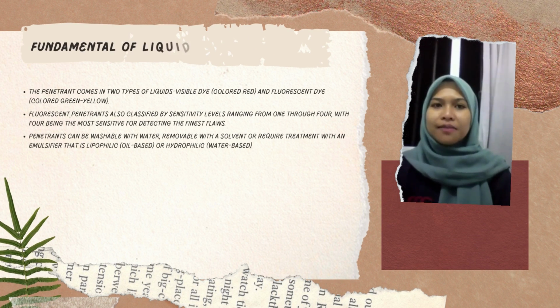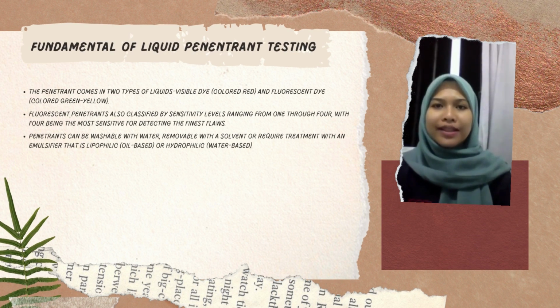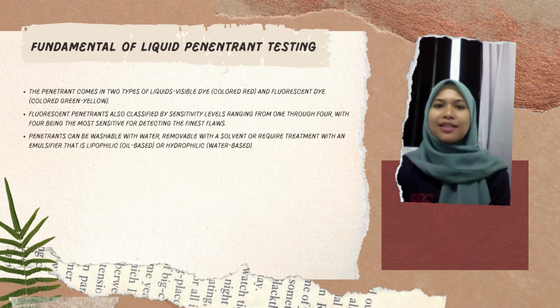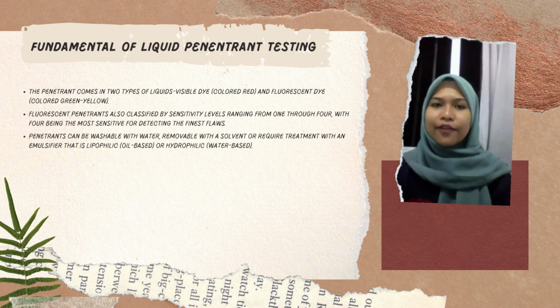The penetrant comes in two types of liquid: visible dye, colored red, and fluorescent dye, colored green-yellow. Fluorescent penetrants are also classified by sensitivity levels ranging from 1 through 4, with 4 being the most sensitive for detecting the finest flaws. Penetrants can be washable with water, removable with solvent, or require treatment with an emulsifier that is lipophilic, oil-based, or hydrophilic, water-based.